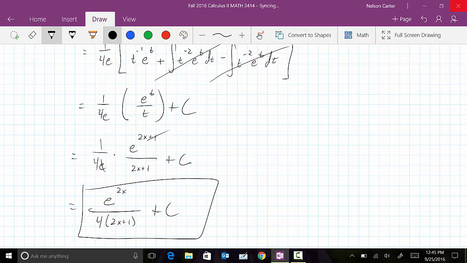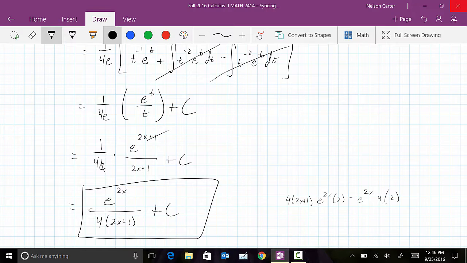You could check it by differentiating it. The C is going to go away, and then you've got the quotient rule. So you've got the bottom times the derivative of the top, which is e to the power 2x times 2, minus the top times the derivative of the bottom, which is going to be 4 times, I'm going to differentiate the 2x plus 1 and get 2.